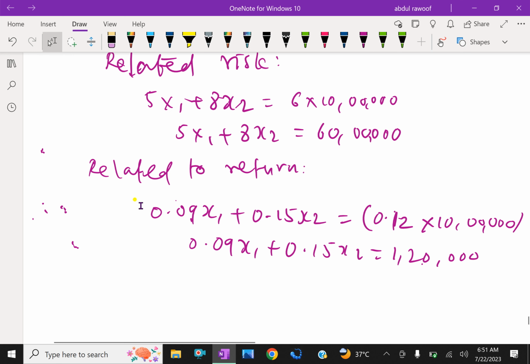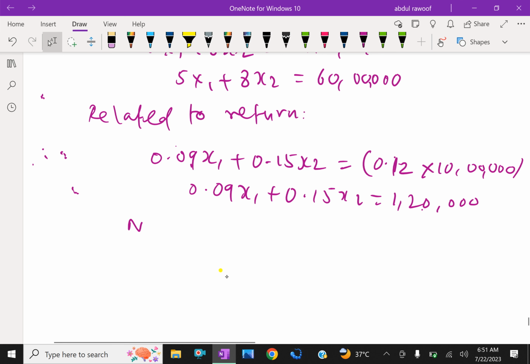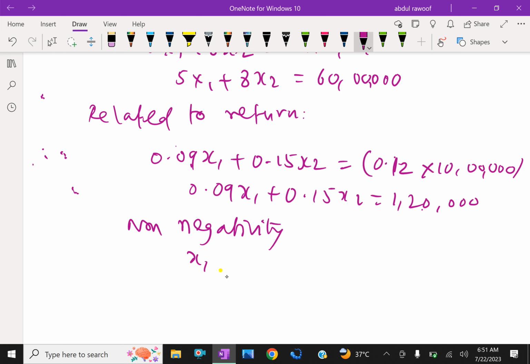These are related to return. Now, non-negativity means x1 and x2 are greater than or equal to 0.